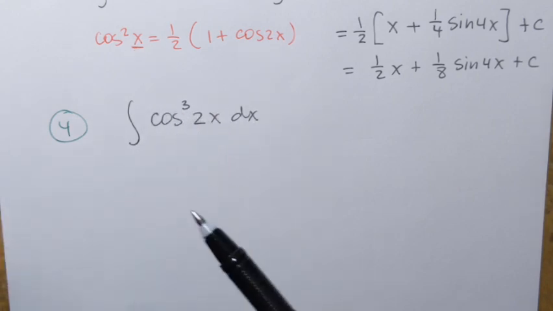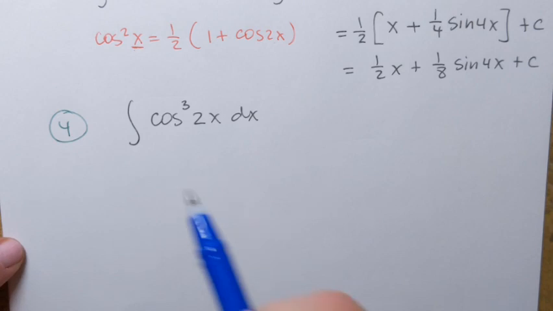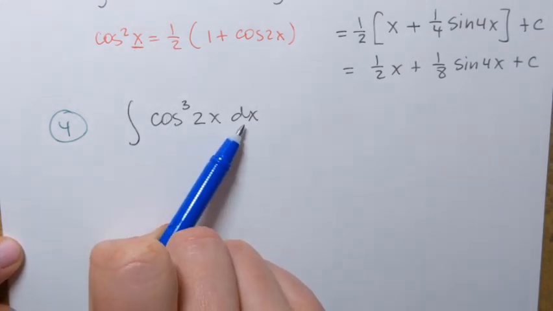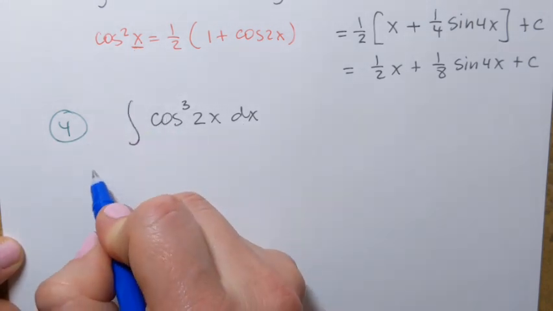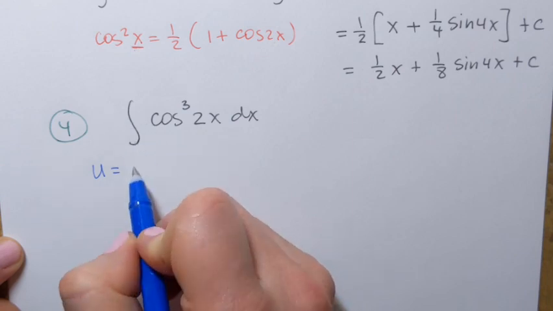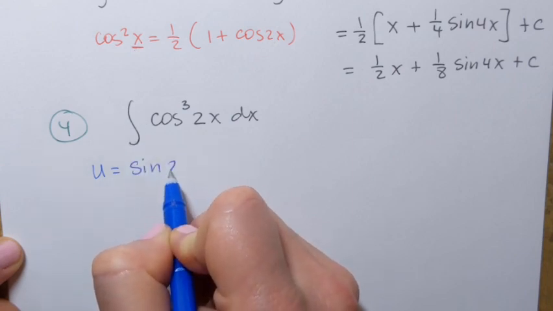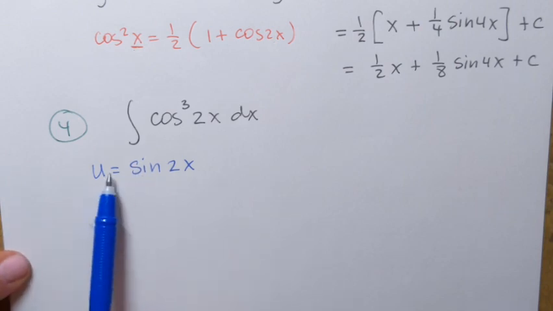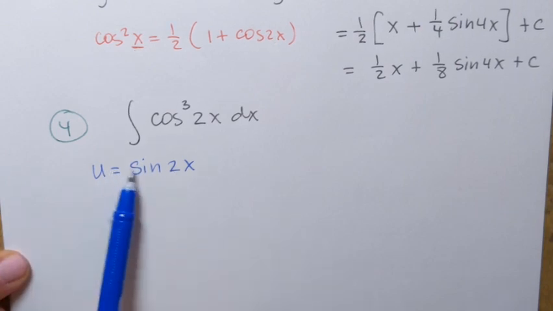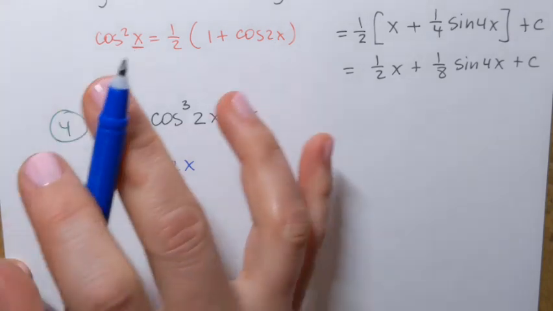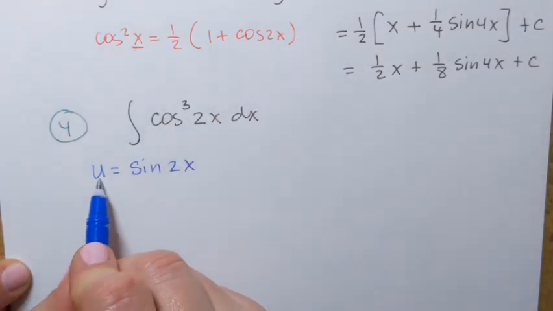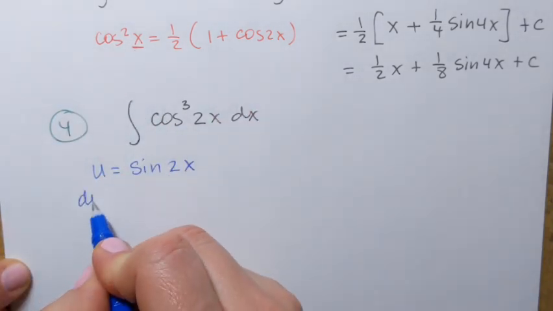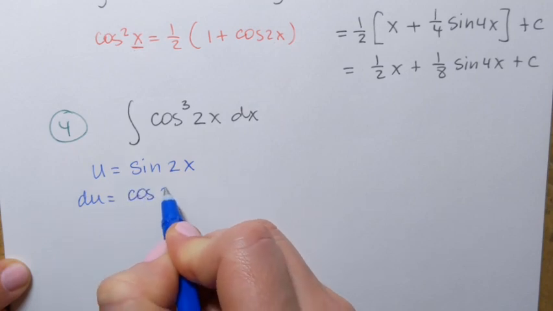So that I can introduce differential du. Well, if cosine 2x dx will be differential, it means that u has to be sine of 2x. And if you're not sure why it's sine, we'll try both sine and cosine. Remember how we did? We're just trying different options. I'm just trying to save time here. So u is sine of 2x. It means that du is cosine of 2x.